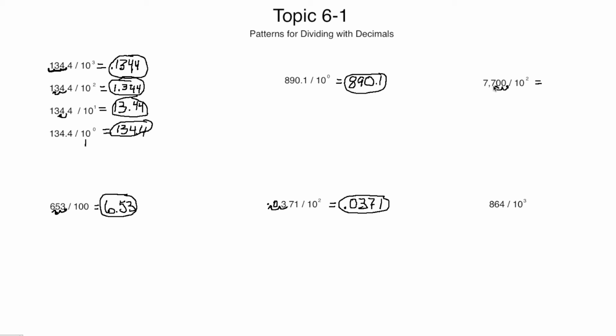So now it goes between the 7 and the 0. So my quotient is 77. Yes, you can have it as 77.00. But remember, these zeros do not have any value. And please don't write it as 77 decimal. Did you get one of those? Awesome!